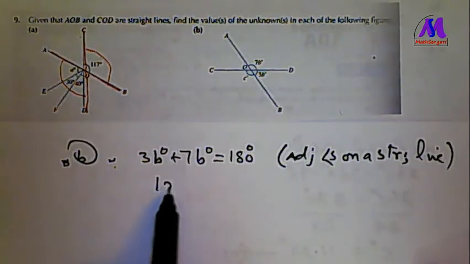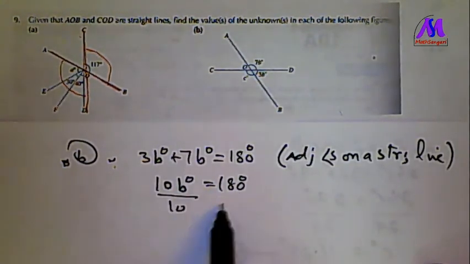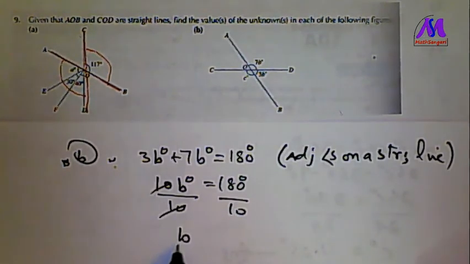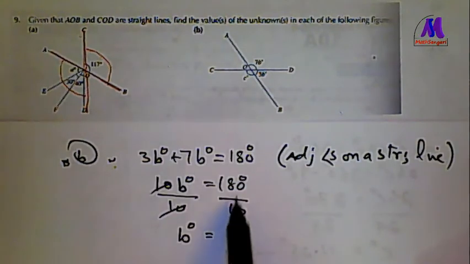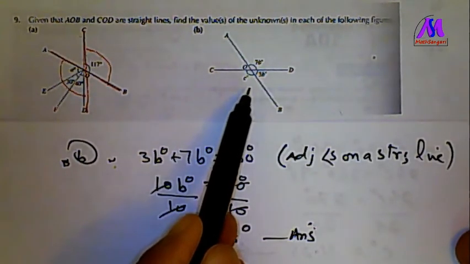So from here, 10B will be equal to 180 degrees. Dividing both sides by 10, the 10 will be cancelled, so B degrees will be equal to 18 degrees. Now, how can you find the value of C?